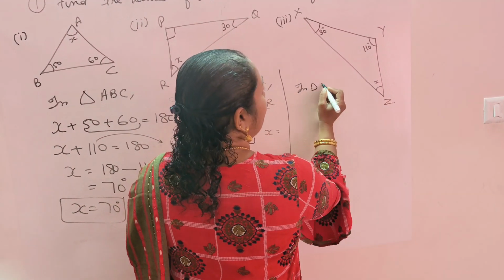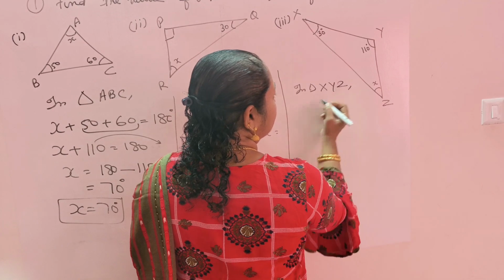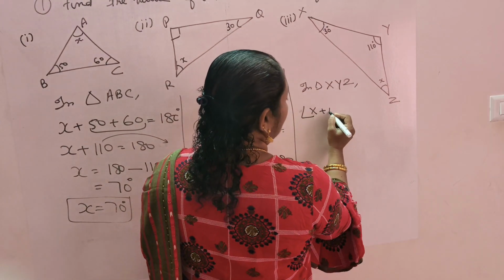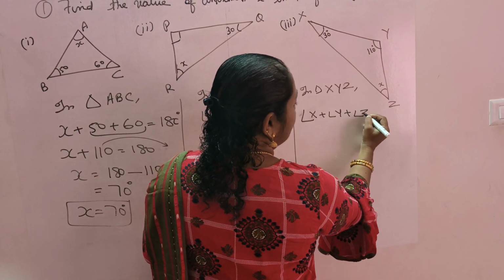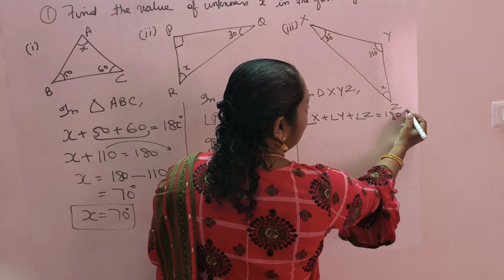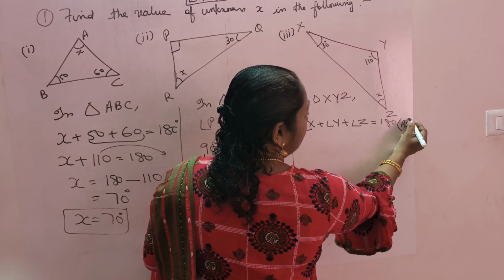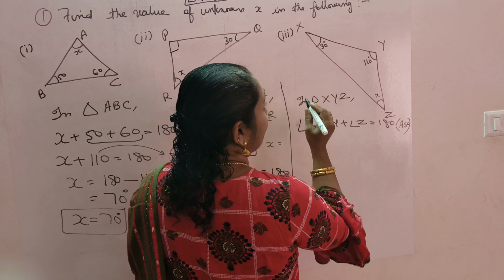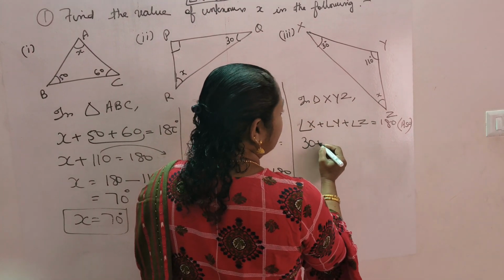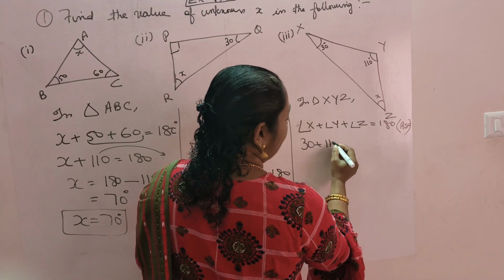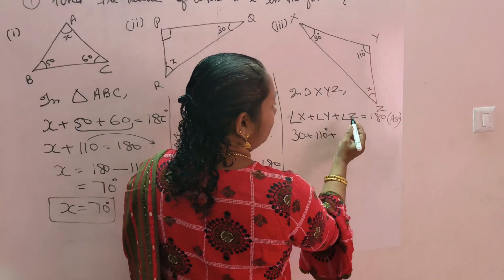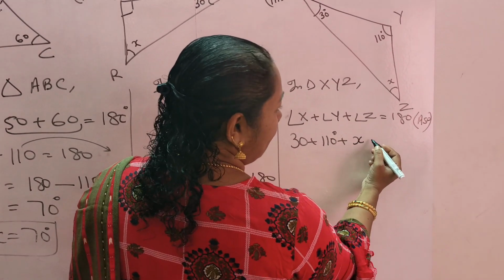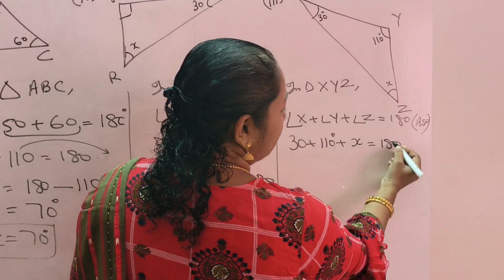In triangle XYZ, angle X plus angle Y plus angle Z is equal to 180 degrees. Reason is angle sum property. That is, angle X is equal to 30 plus angle Y is equal to 110 degrees plus angle Z is equal to X equals 180 degrees.